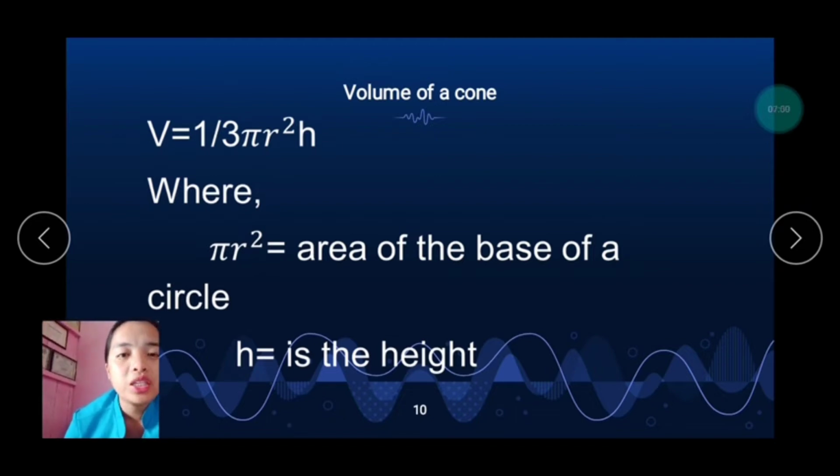Na-discuss na siya sa ubang teacher, ang area sa circle. So, sa cone, ang volume of a cone is equal to 1/3 pi r squared times height, where pi r squared is the area of the base of a circle and h is the height.